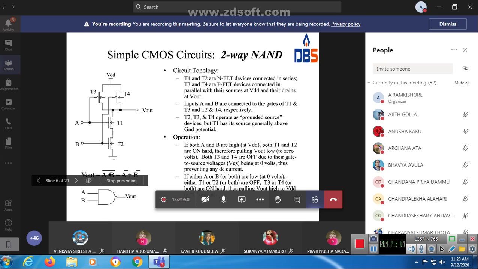The output will be high. Vout is equal to VDD.